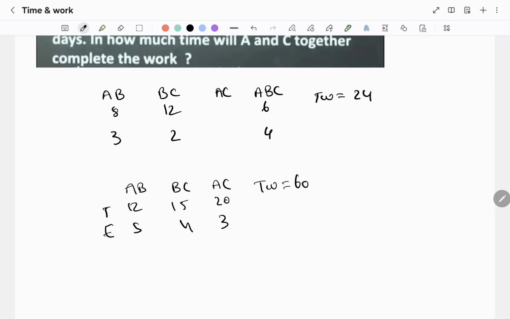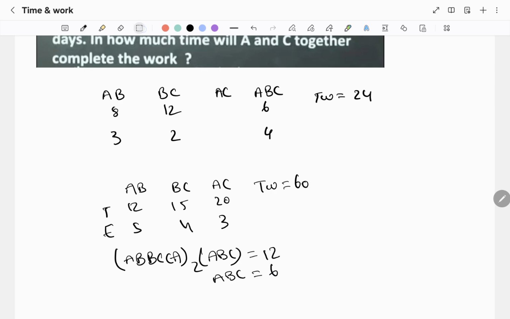Because time into efficiency is equal to work. But total efficiency is 5 plus 4 plus 3. But whose efficiency is it? AB, BC, CA. Each is repeated two times. So 2 times ABC. A plus B plus C 2 times is equal to 12. Then ABC is equal to 6.